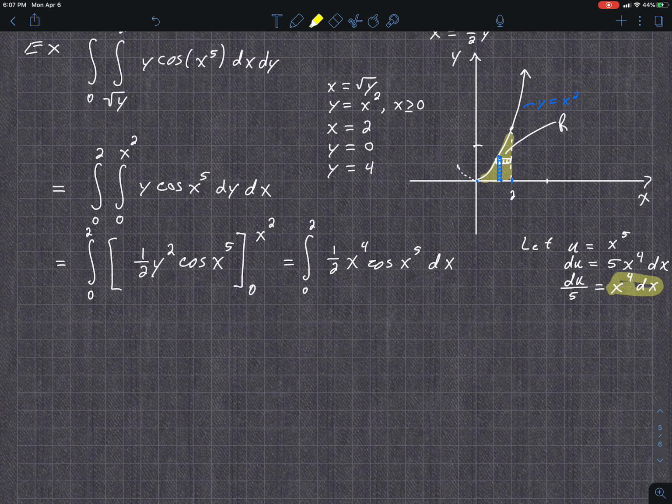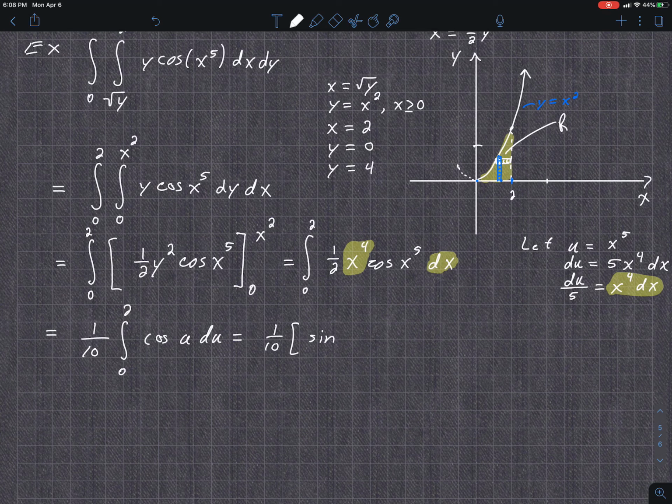So then we substitute: here's x to the 4th dx, and then you'll still have to substitute in your 1/5. I forget how long it's been since you've done integration, but check all that out. I know we did some in other chapters. So you get 1/10, integral 0 to 2, cosine u du.